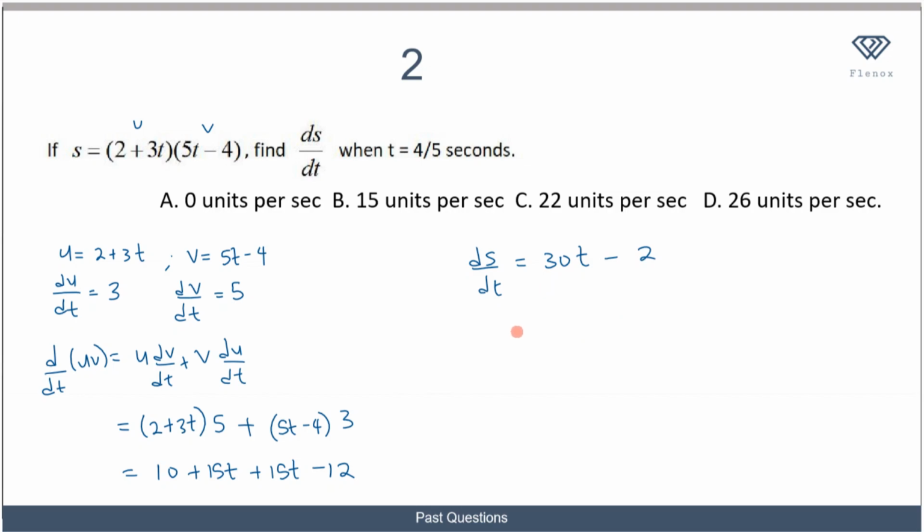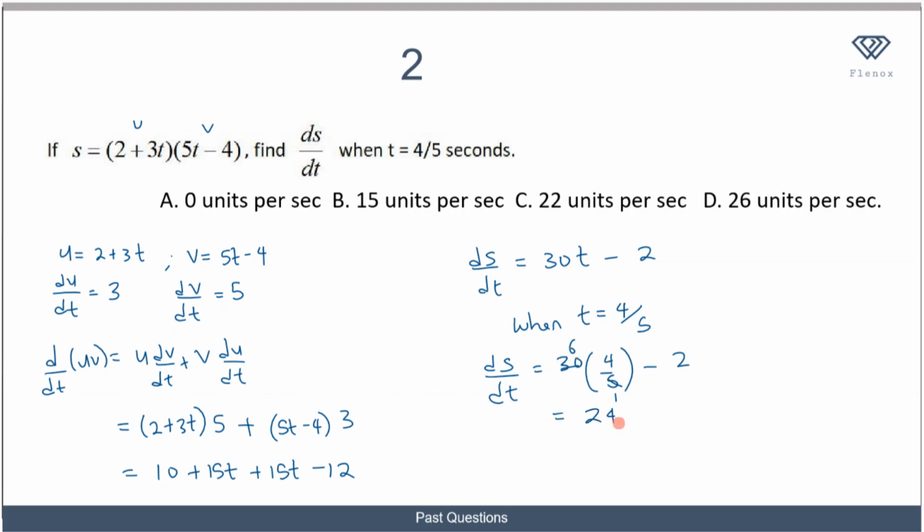So I'm told to find ds over dt when t is equal to 4 over 5. So I can substitute the value of 4 over 5 into this expression. So my ds over dt equals 30 into bracket 4 over 5, then minus 2. 5 into 30 is 6. 6 times 4 gives me 24.